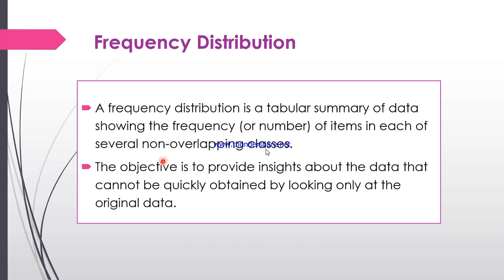What is the purpose of organizing the data into a frequency distribution? It provides insights about the data that cannot be quickly obtained by looking only at the original data. Original data means raw data.